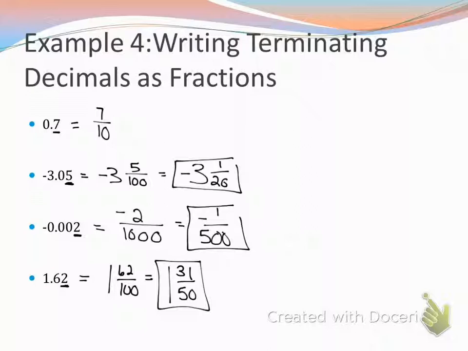Now, with repeating decimals, guys, there is a pretty complicated way that we can do it. I may choose to revisit this concept later, but for now, I just want to go ahead and write repeating decimals like I would write a terminating decimal.